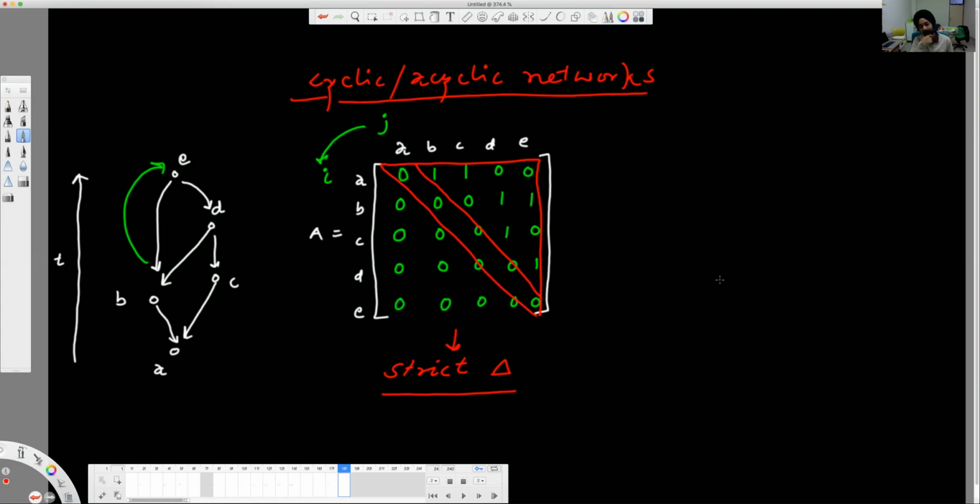See, I think it's common sense that if you don't put it in this order, you can still get the one values in the lower triangle also, right? This will be shuffled. If you shuffle this network, these one values will be shuffled around, right? So this network will not remain triangular. Forget about being strict. Of course, the diagonal remains 0, right? But this triangular nature will not remain the same.